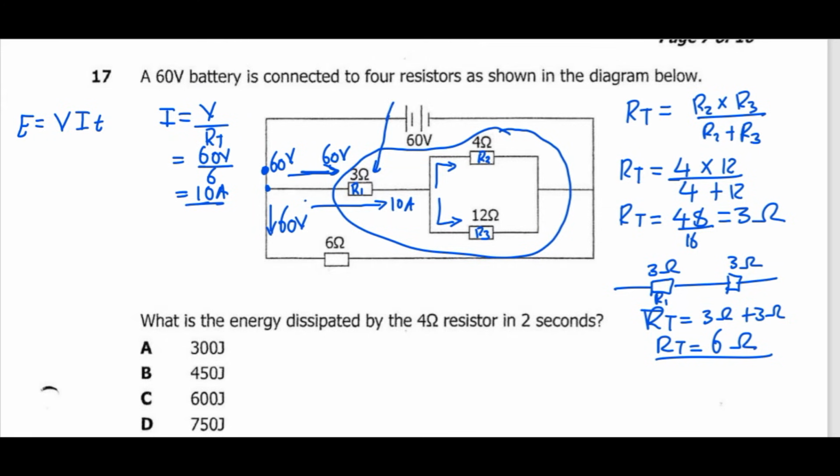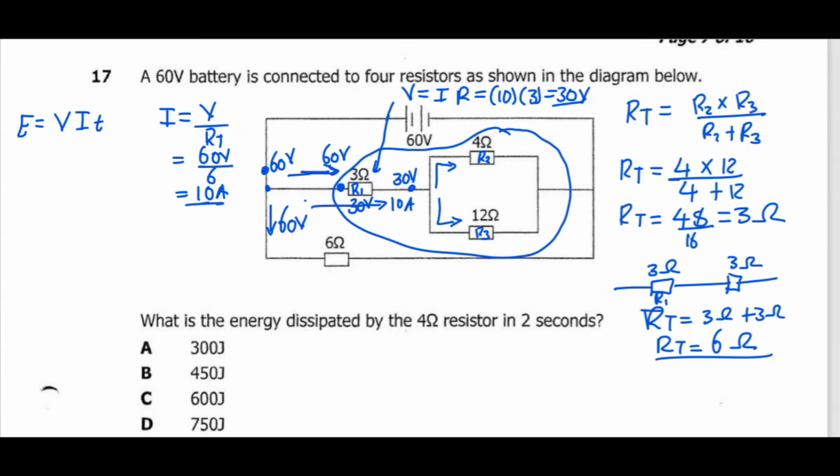So say voltage is equal to current times the resistance. So the current is 10, resistance is 3. So this gives us 30 volts. So this means that from that 60 volts, 30 volts was consumed at this point. So at this point, the remainder is just 30 volts.